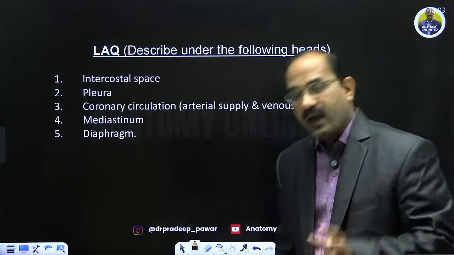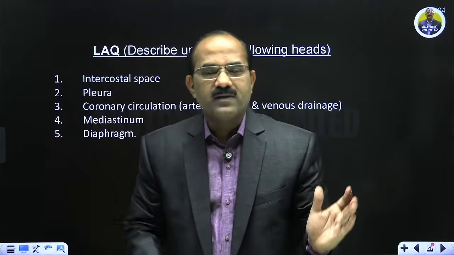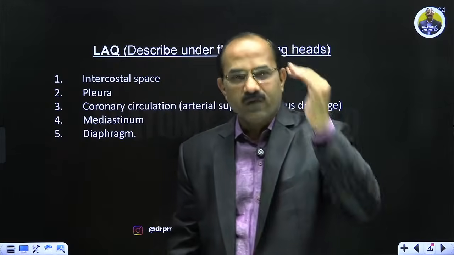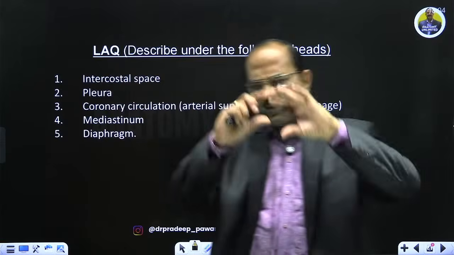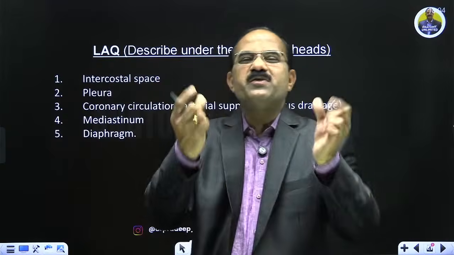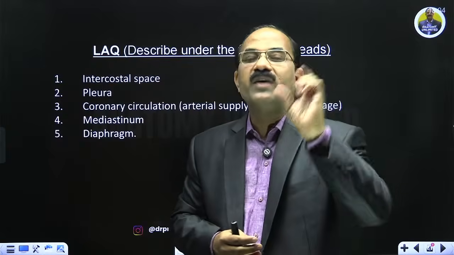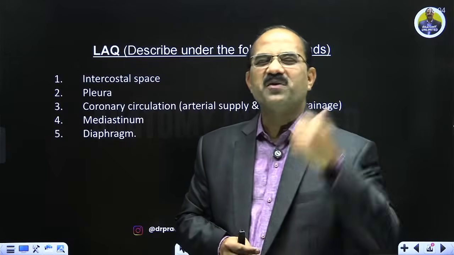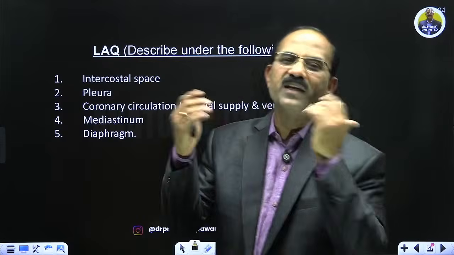Okay children, now coming to the LAQ. LAQ you always describe under the following heads. Describe intercostal space under the following heads like muscles, vessels, nerves. So intercostal space is a very big LAQ to write. What is the intercostal space, the space between the two ribs. Then you write the muscles: external, internal, innermost or the transversus thoracis muscle. Then you write about the arteries, the veins, the intercostal nerve, and clinical applications.